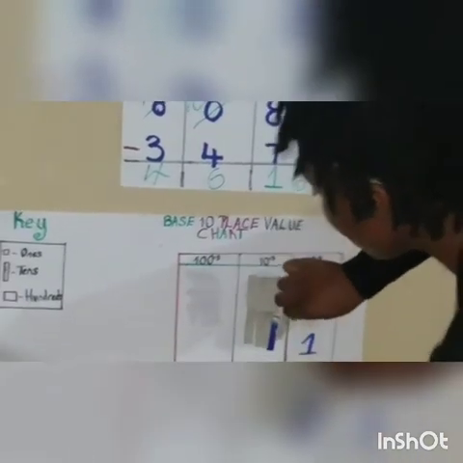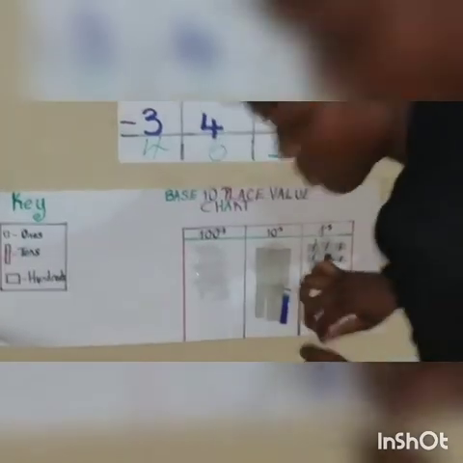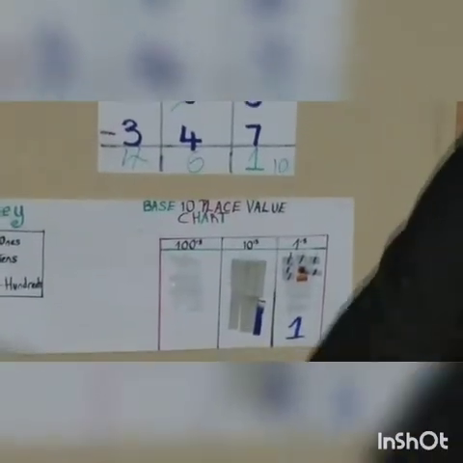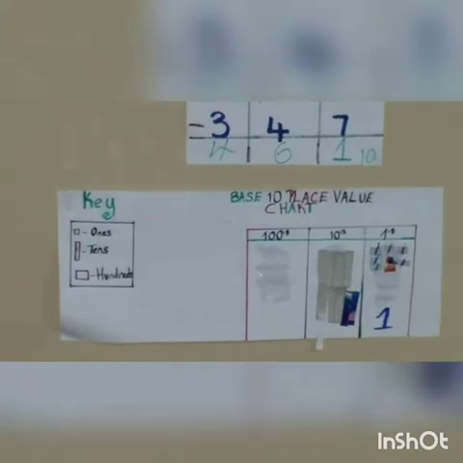Oh, 9 is not holding. Ooh, we're going to get some glue. We're going to put it on. 9. Now we have 10. So we're going to do what we did up here.